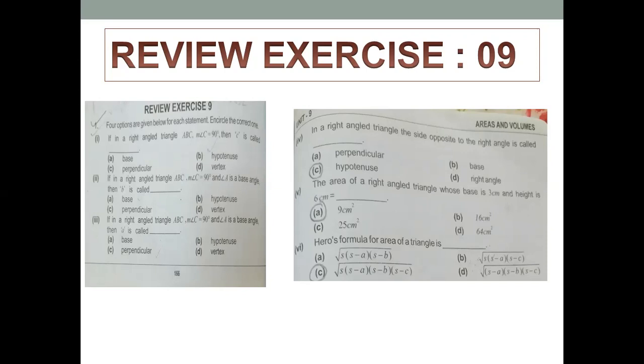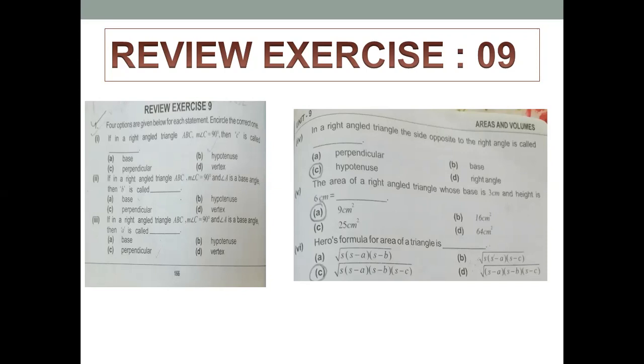I told you that the small letters are opposite to the given vertex. Small a is opposite to angle A, small b is opposite to angle B, and small c is opposite to angle C. Fourth objective: in a right angle triangle, the side opposite to the right angle is called the hypotenuse.